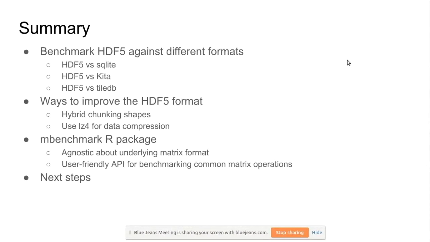And also we look at TileDB, which is another scientific open source library tailored for the data matrix storage. And also we want to see how we can improve H5 by different approaches, and provide generic benchmark tools to do further exploration for more data formats.